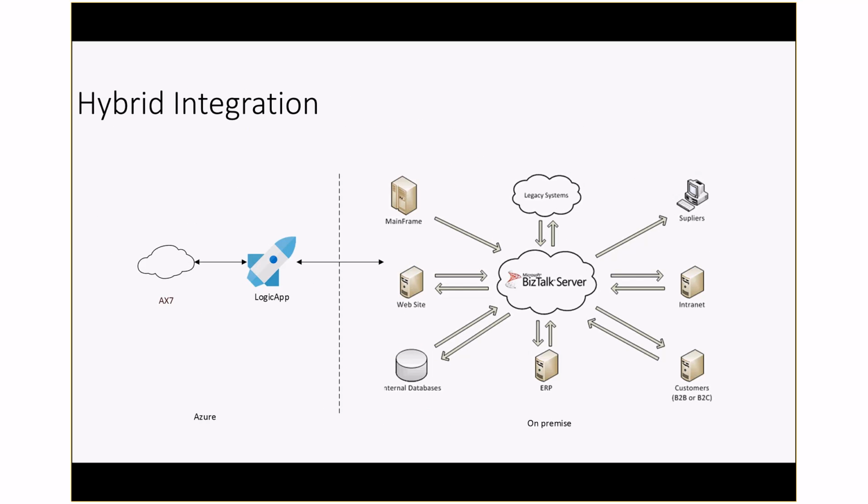So in a hybrid integration solution where you already have BizTalk running on premises and AX7 having some data, you can use Logic Apps to bridge and create an integration flow between your cloud asset and your on-premises integration solution.